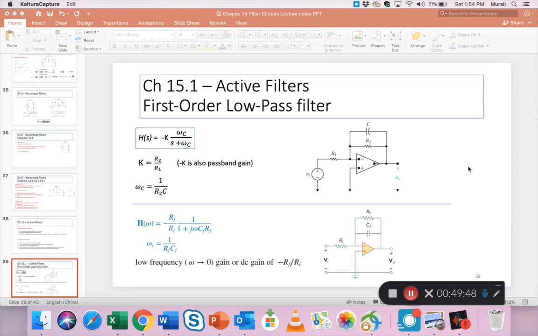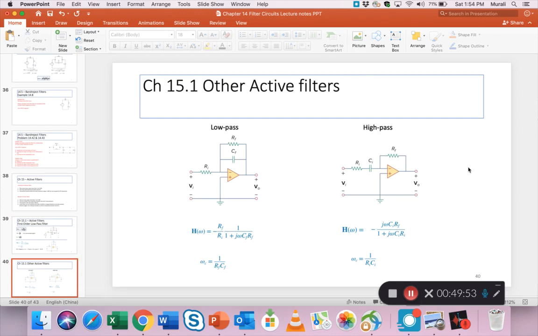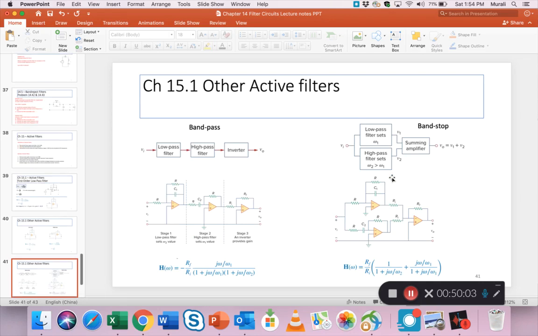So that's really all I wanted to talk about in detail. I have a few more pictures. I'm not even going to talk about this. You can look at what a low pass is, a high pass is, how it's connected. Oh, here's band pass. You can see why it's complicated. Band stop, also complicated. How it's built, it definitely needs more than just one op amp.